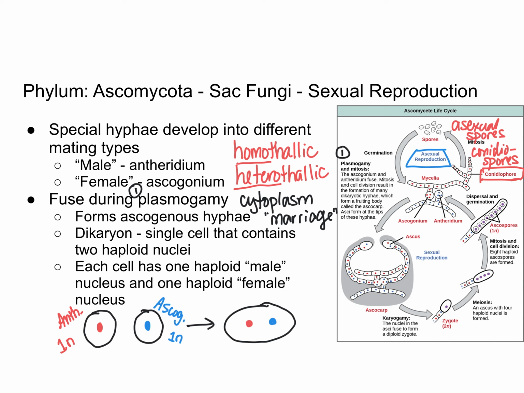And this forms a structure known as a dikaryon, which is a single cell that contains two haploid nuclei. And we denote this as N plus N. You can see the structure on the diagram here. So you have the two cell mating types joining together during plasmogamy.